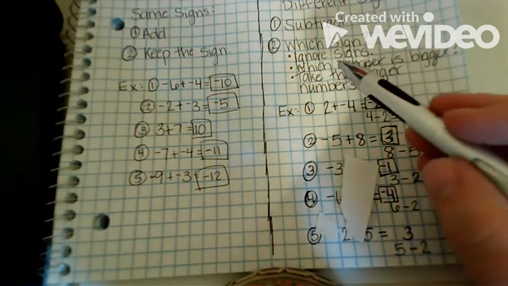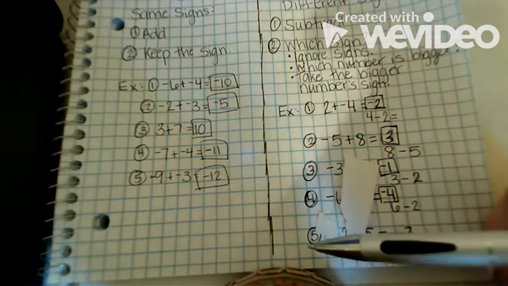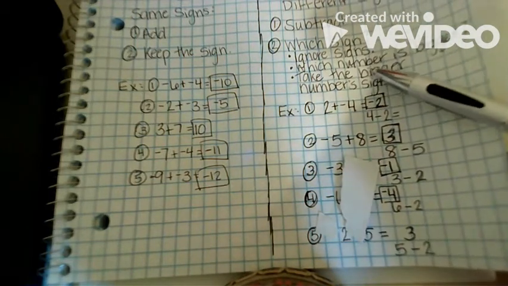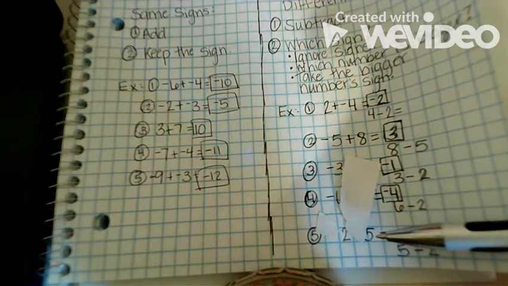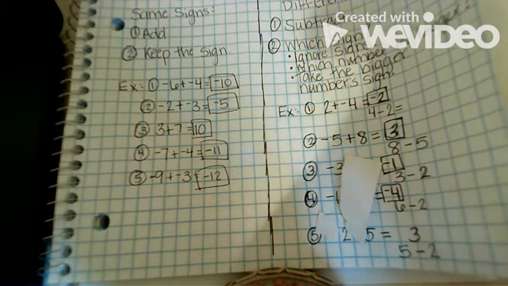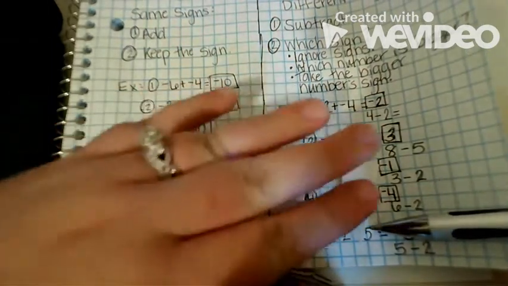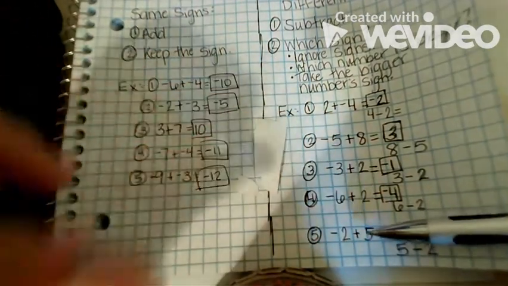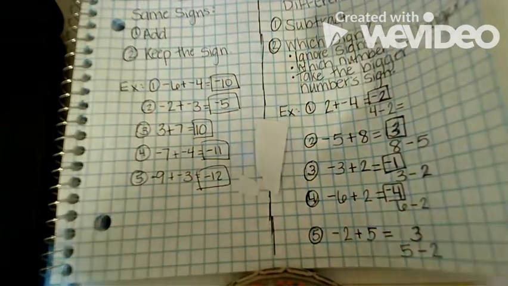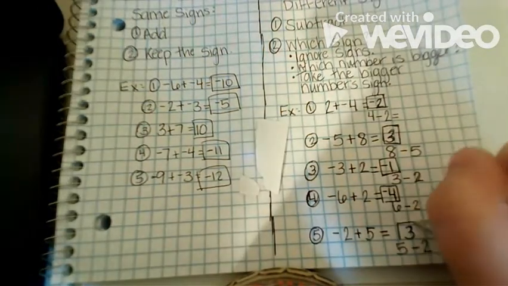Now I need to decide which sign. Ignore the signs. I'm already doing that. Which number is bigger, 2 or 5? 5. Then I'm going to take 5's sign, which is 5 is a positive, so I'm going to leave my answer as a positive.